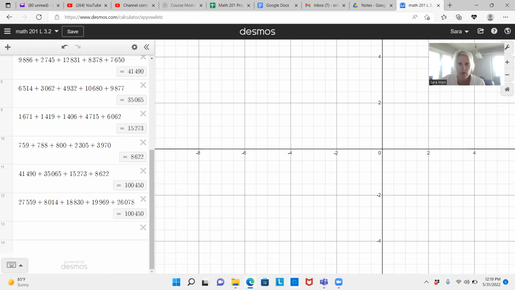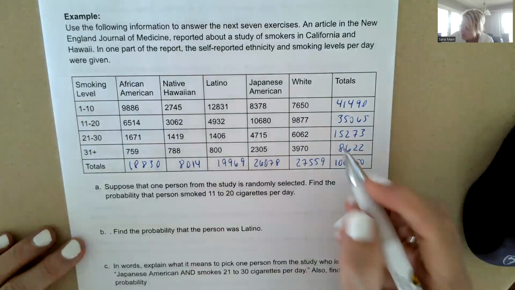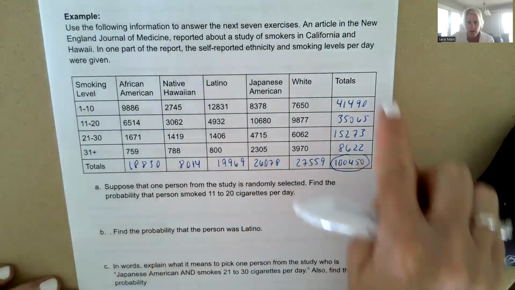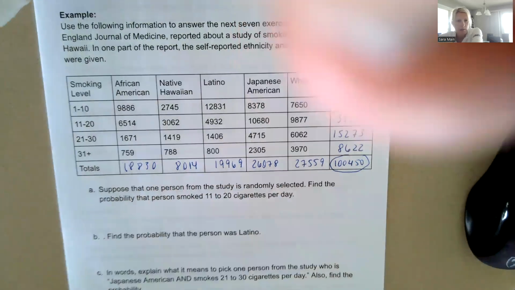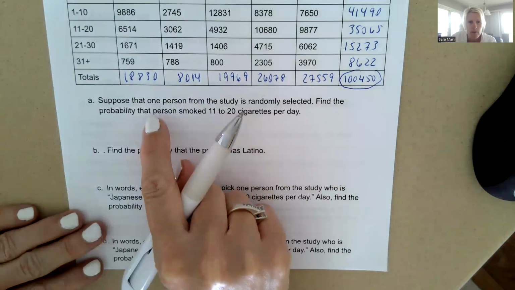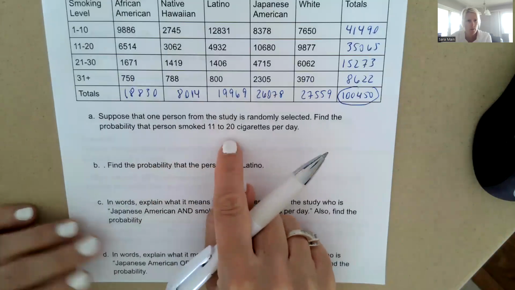So let's go ahead and answer our questions here. Back to the paper, and you can verify that you have what I have on your paper. So here are the totals. So this is how they answered as far as their ethnicity, and then the row totals are how they answered their level of smoking. One person from the study is randomly selected. Find the probability that person smoked 11 to 20 cigarettes per day.